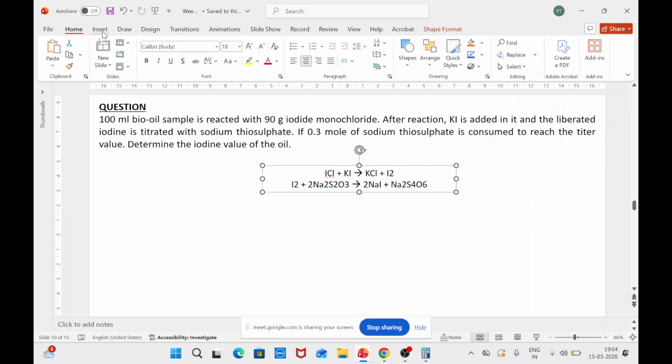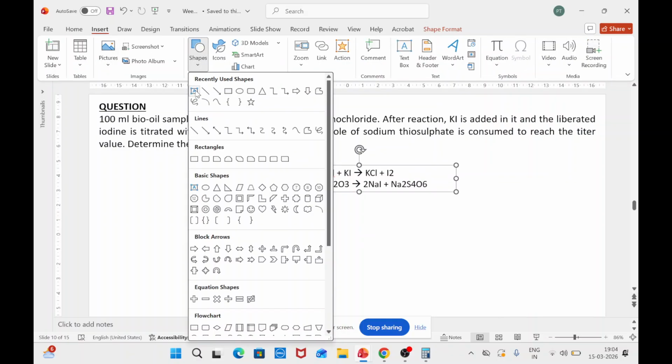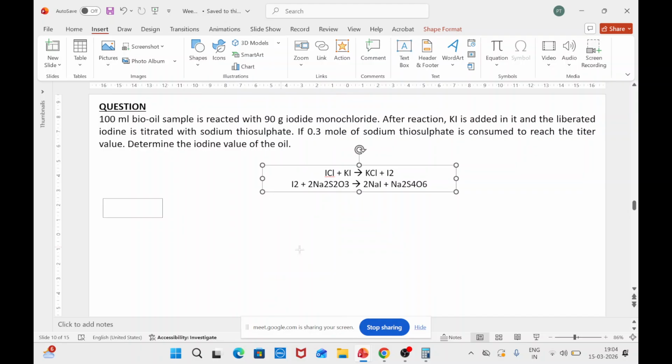So 0.3 moles of sodium thiosulfate is consumed.